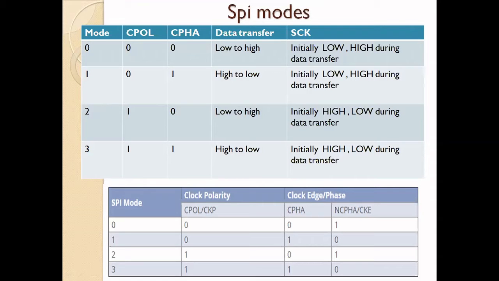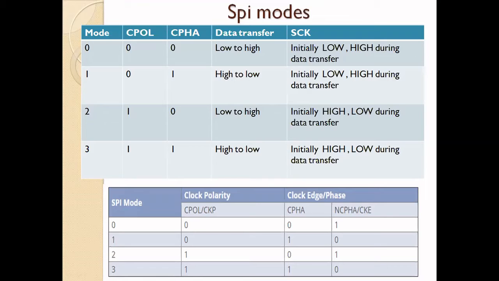Next, in mode 2 also, data transfer takes place on every rising edge. Next, in mode 1 and mode 3, data transfer takes place on every falling edge. Falling means from high to low. So the clock pulse is high, it will become low. During that time, the data transfer takes place.